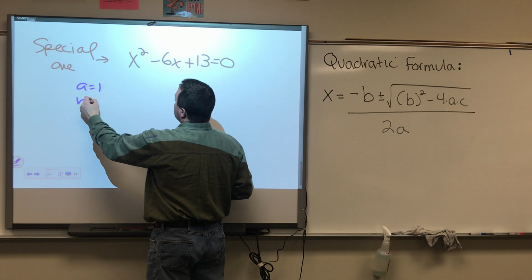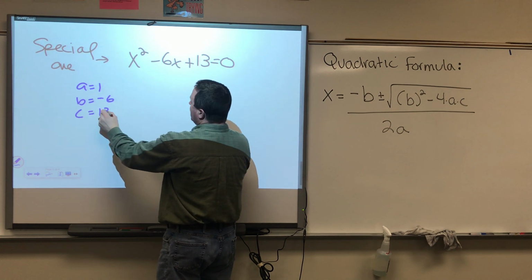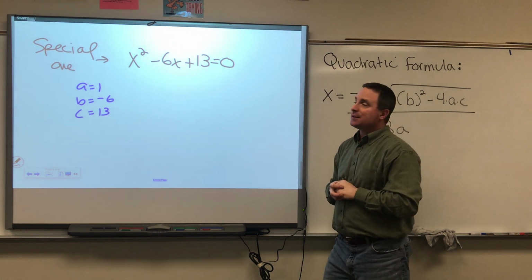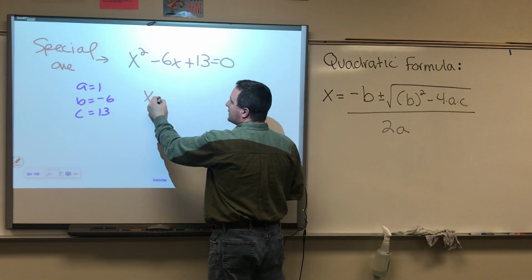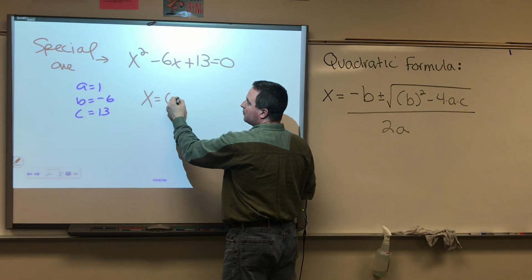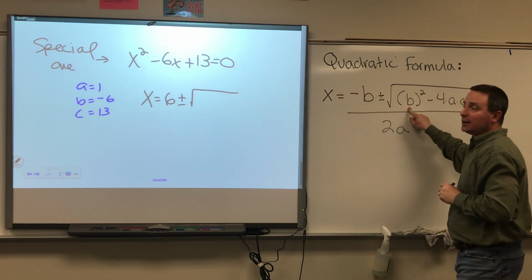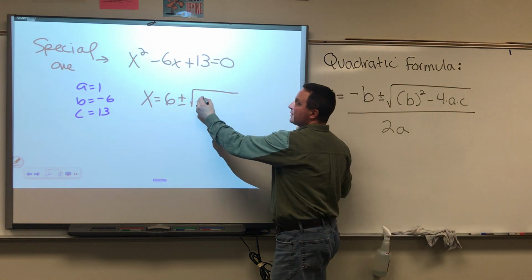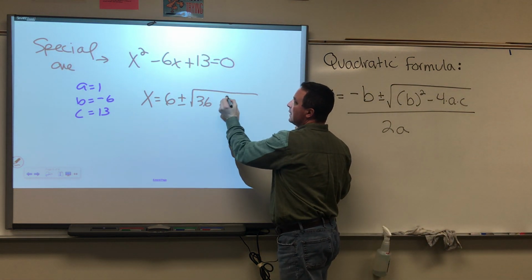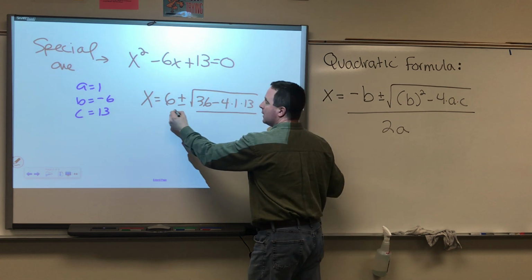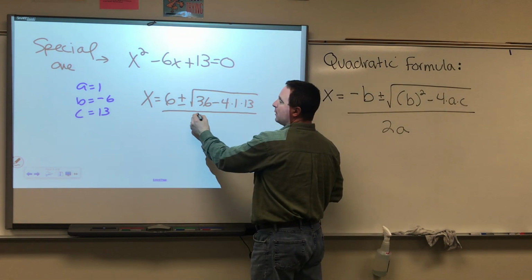My A is 1, B is negative 6, and C is 13. Let's use the formula and see if we can get an answer. So x equals the opposite of B, positive 6, plus or minus the square root of B squared. Negative 6 squared is 36, minus 4 times 1 times 13, all over 2A, and 2 times 1 is 2.